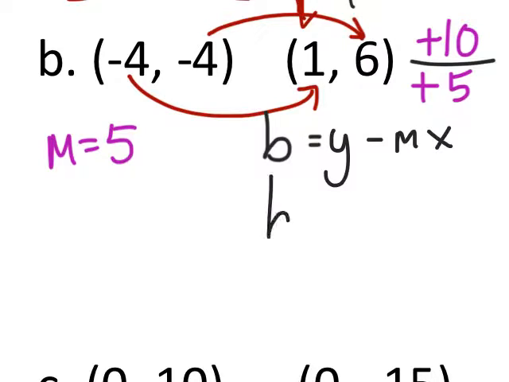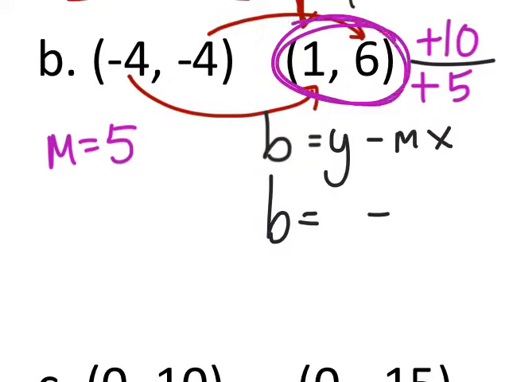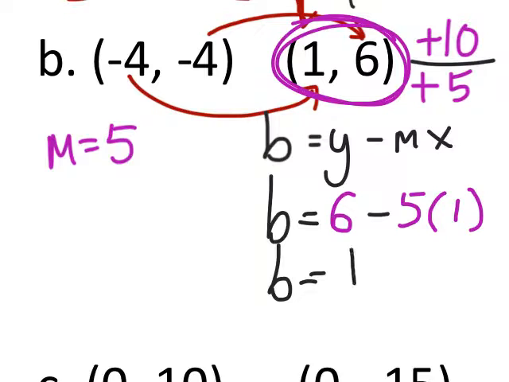So if we replace these, we get B equals, we just need to choose one of these points. I'm going to choose 1, 6 because they're both positive. Not that that really makes a difference, but my y value is 6. My slope is 5, and my x here is 1. So that tells me that my y-intercept here, 6 minus 5 times 1, is 1.